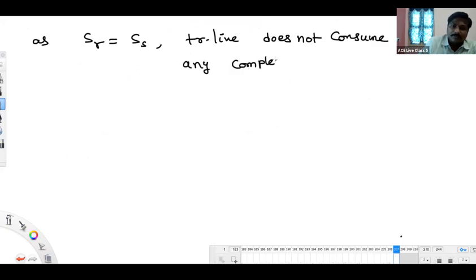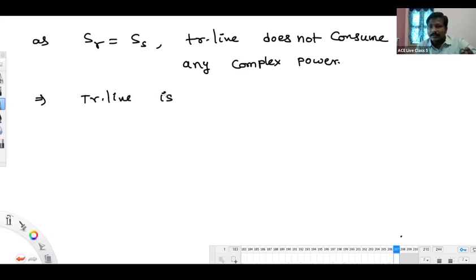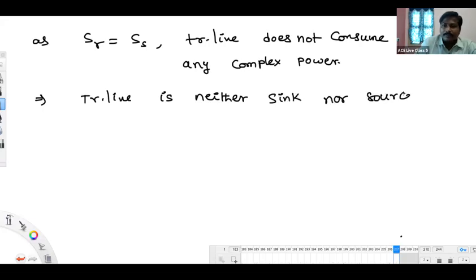That implies the transmission line is neither a sink nor a source of reactive power. Real power it won't consume anyhow.